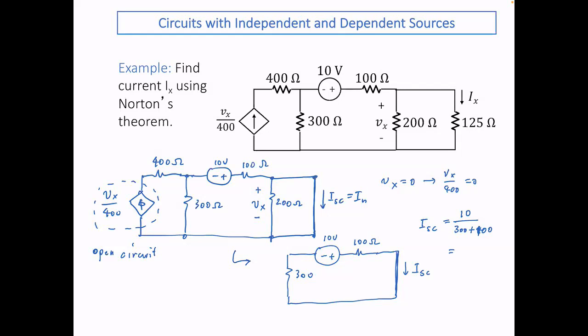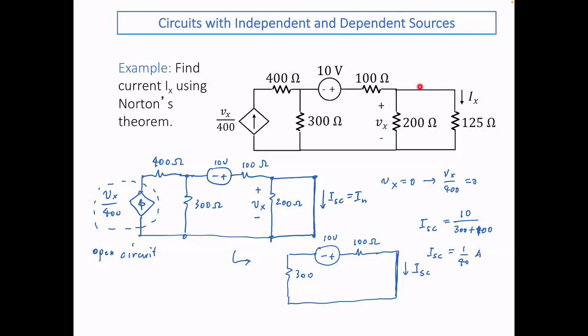So this is 1 over 40 amperes. Did everybody see that? Okay. Did everybody see that? Any questions? Okay.